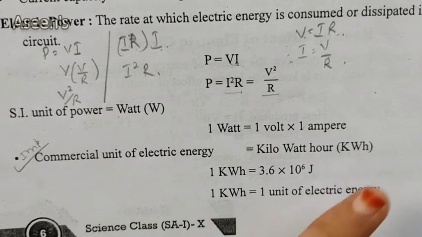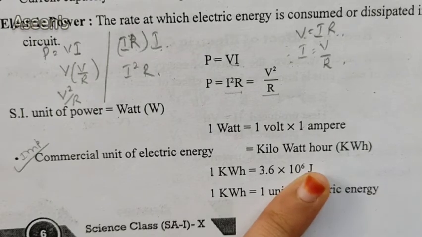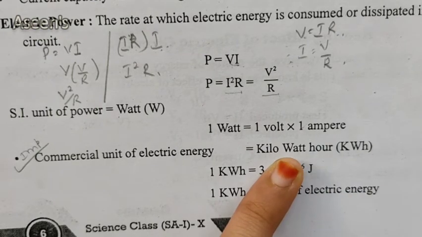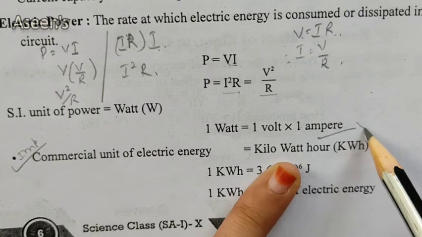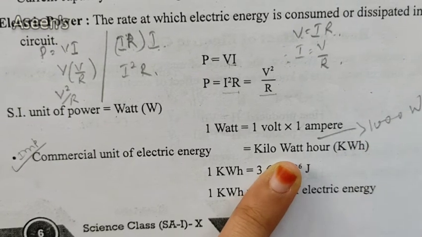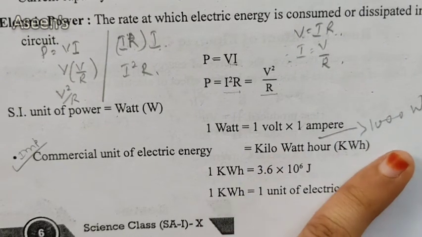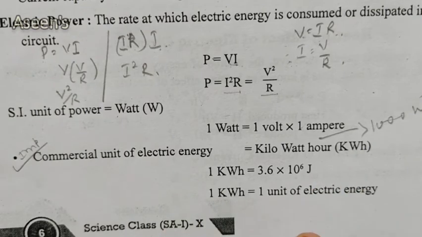In terms of watts, 1 kilowatt is going to be 1000 watts. This is just the units.